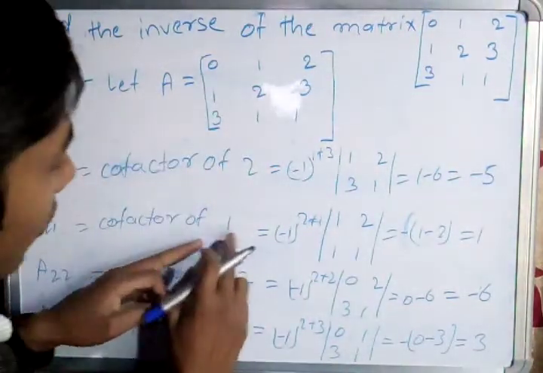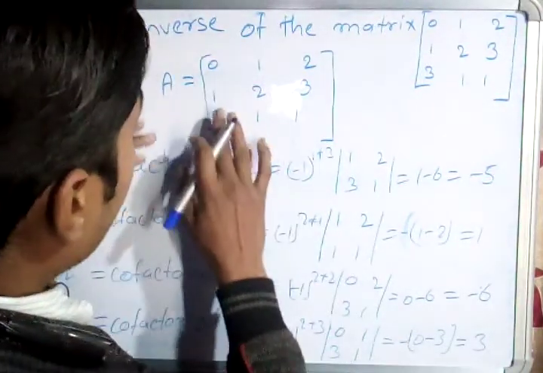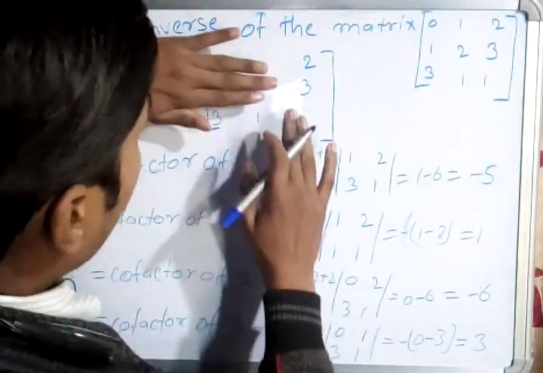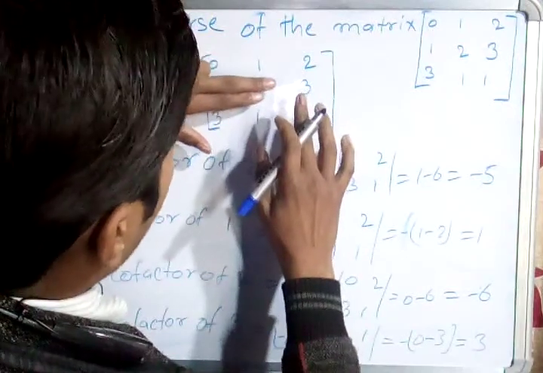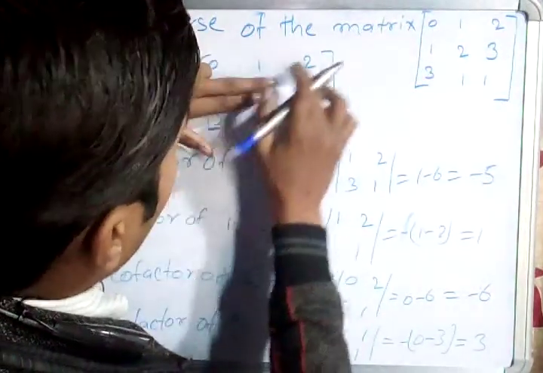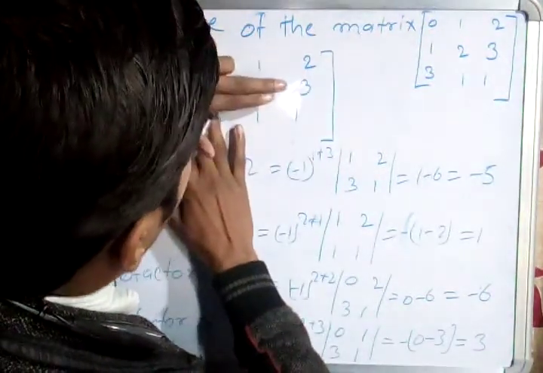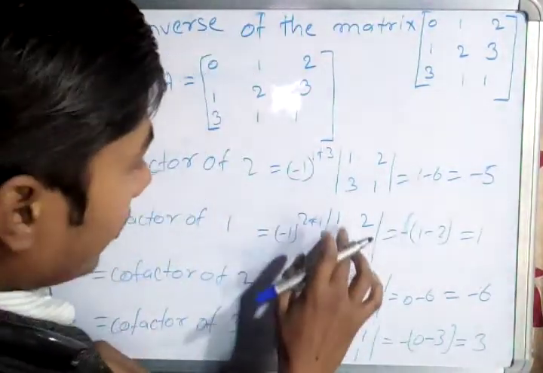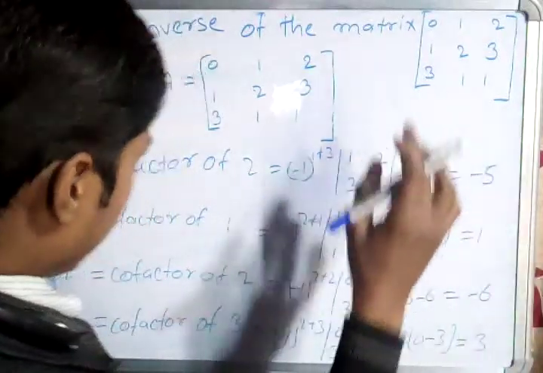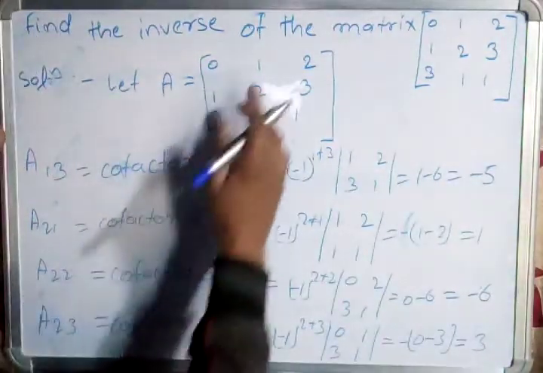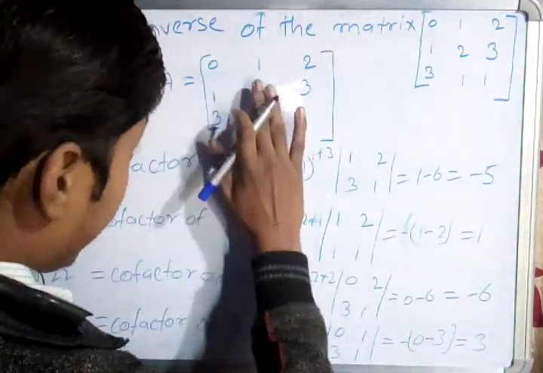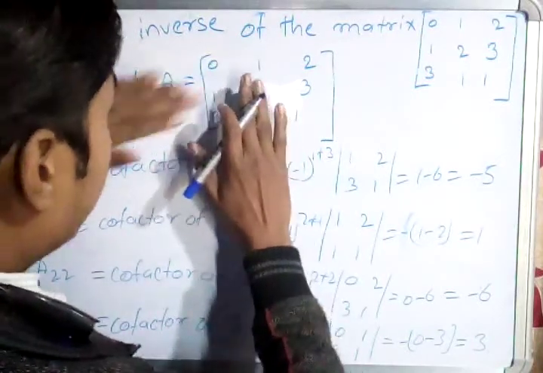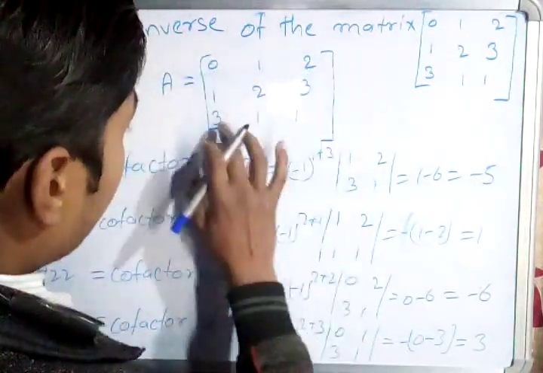A21 is the cofactor of 1, where 1 2 1 1 remain. Then A22, deleting the second row and second column, leaves 0 2 3 1.